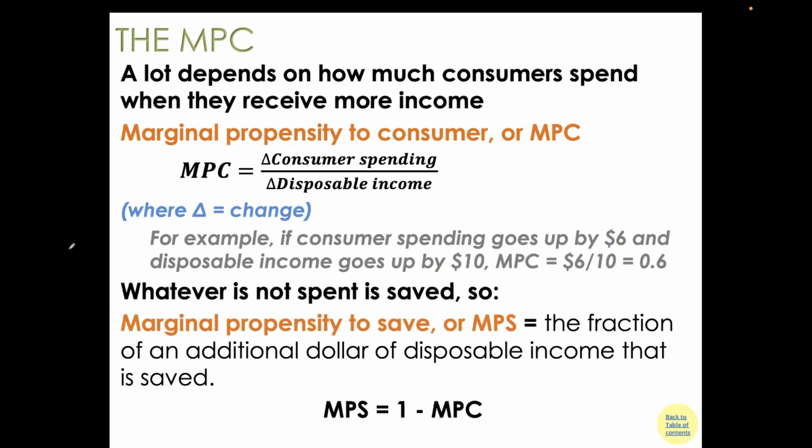Why? Because for each dollar of income we have, you either spend or you save. Can you think of another alternative? No. But sometimes people may say, okay, what happens if I lose my money? You can categorize that as consumption.